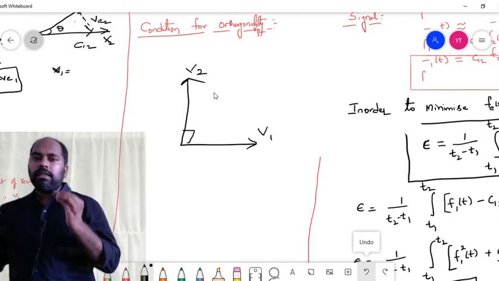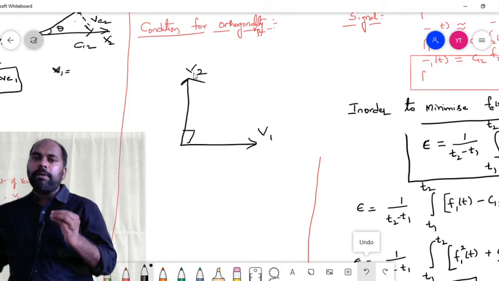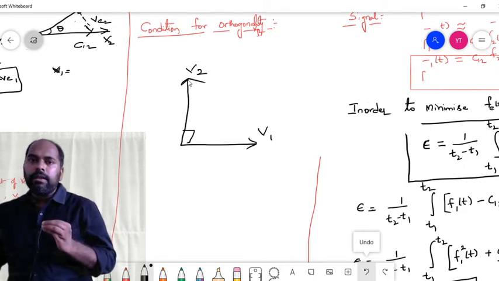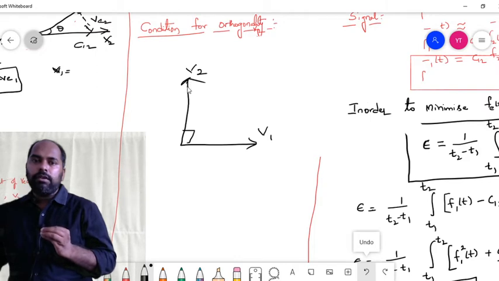What is the method we use to draw the similarity component? We draw from the tip of V2 onto V1. If you draw like this, it will reach the origin.